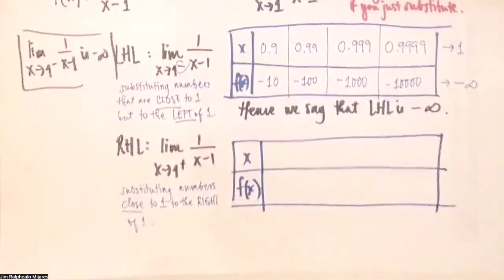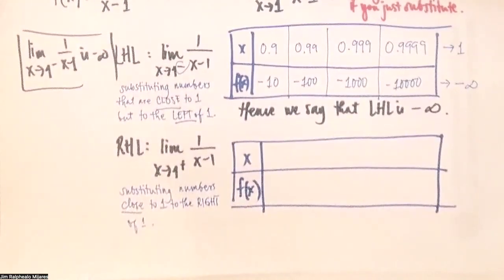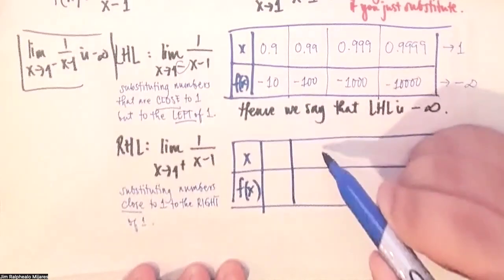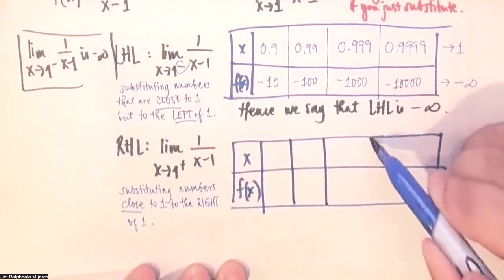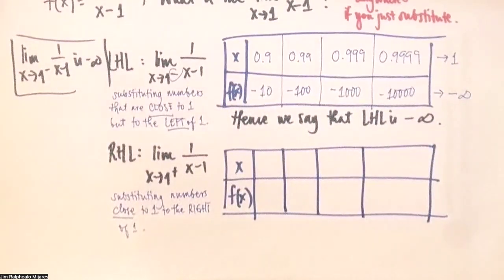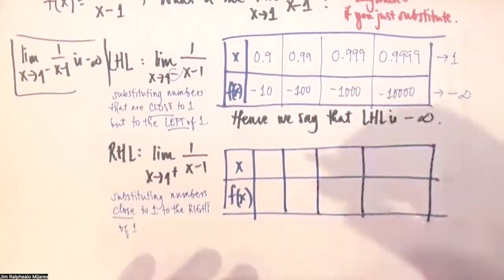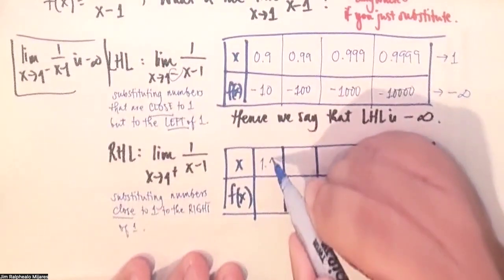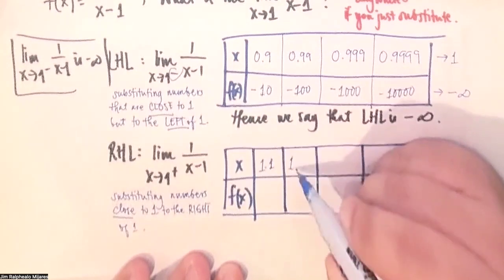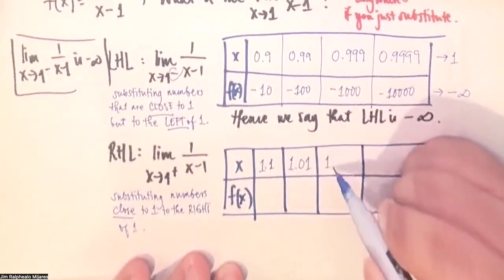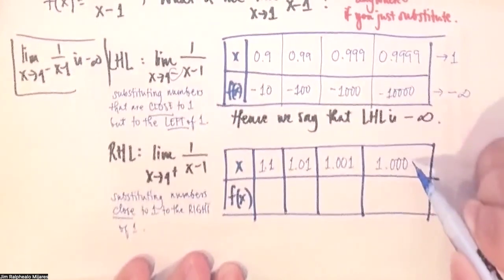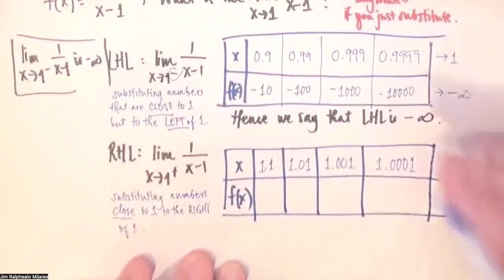Now, of course, it will look like this. So say 1.1, and then we go closer by being 1.01, 1.001, 1.0001, etc.